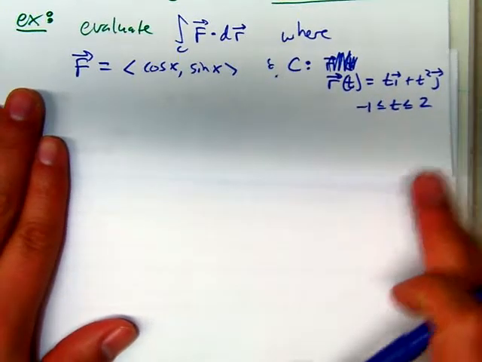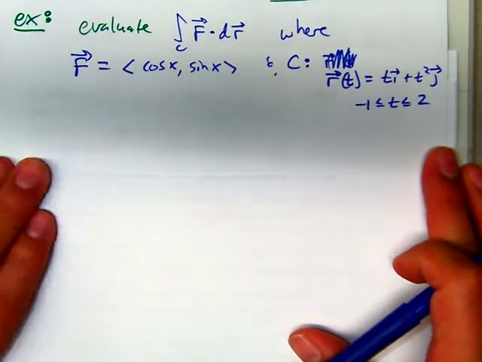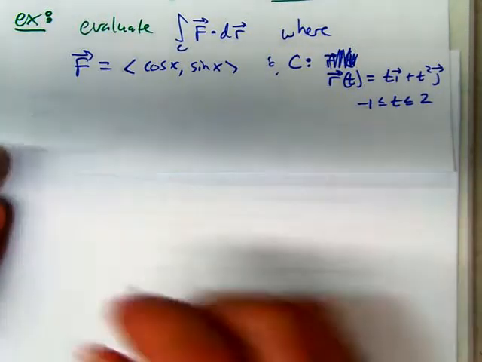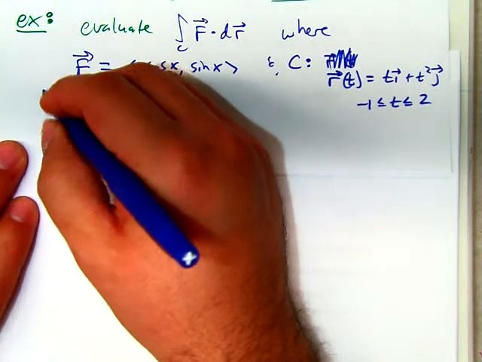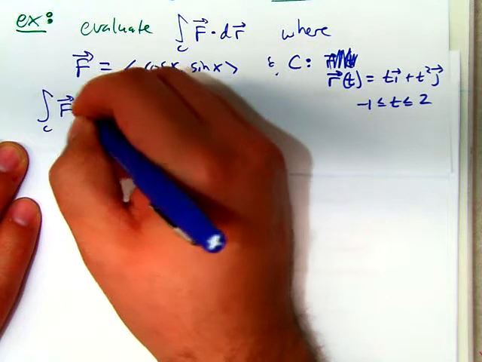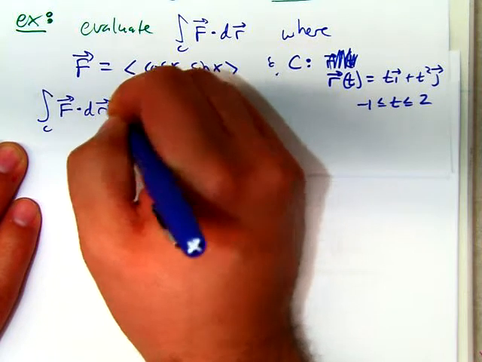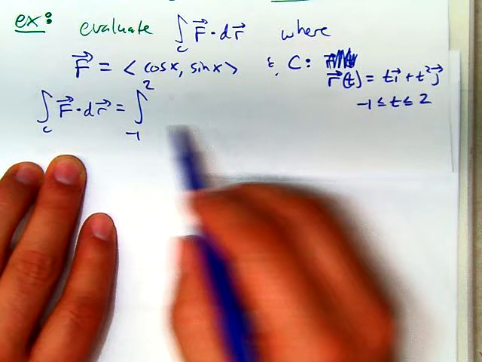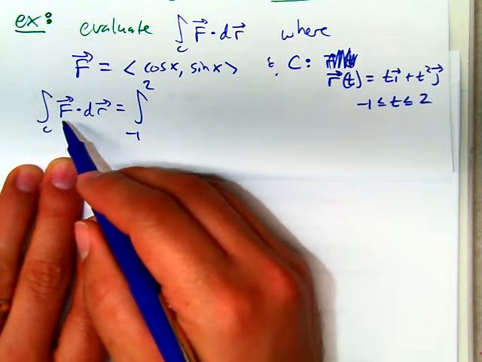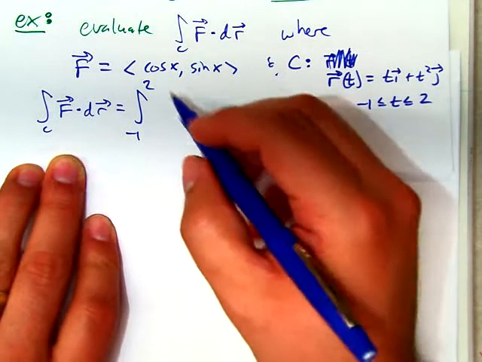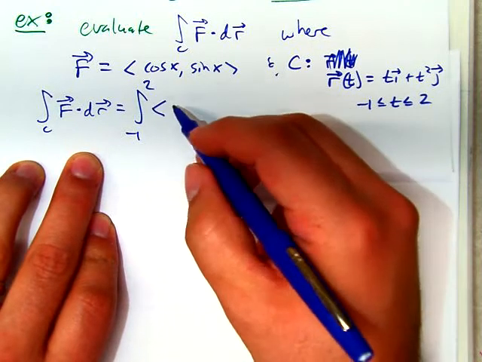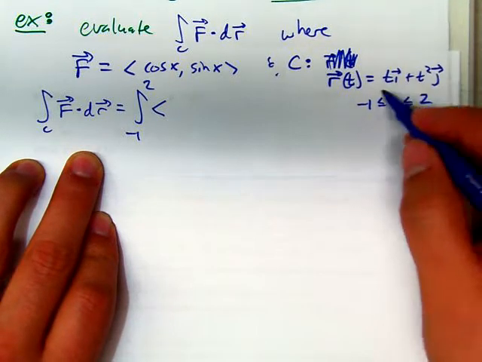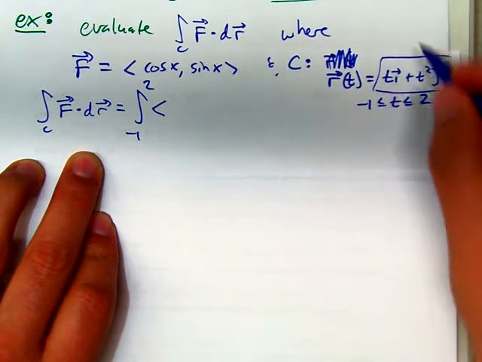Alright, so pretty straightforward if we have all this given to us. In this scenario, we set up our line integral of F dot dr, evaluate it from -1 to 2, and F, which is cosine x, sine x.